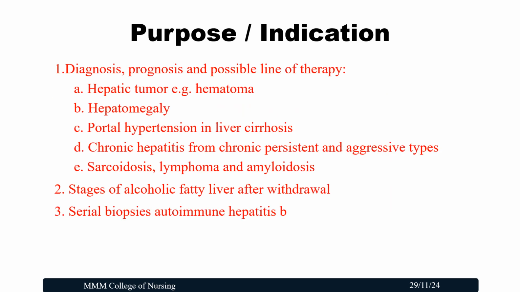Coming to purpose and indications. So here: diagnosis, prognosis and possible line of therapy; to confirm the presence of a hepatic tumor, for example hematoma; to determine the cause of hepatomegaly and know the state of the liver in portal hypertension and liver cirrhosis; to differentiate the active chronic hepatitis from chronic persistent and aggressive types; and diagnose some systemic diseases like sarcoidosis, lymphoma, and amyloidosis.